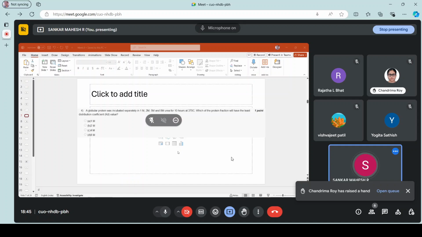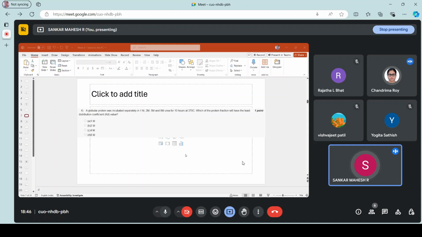Yeah, Chandrima. What would urea do to a protein? We'll start from there. Sir, in electrophoresis, when we are using urea, it is leading to the protein's unfolding. Okay, so what do you mean by protein unfolding?